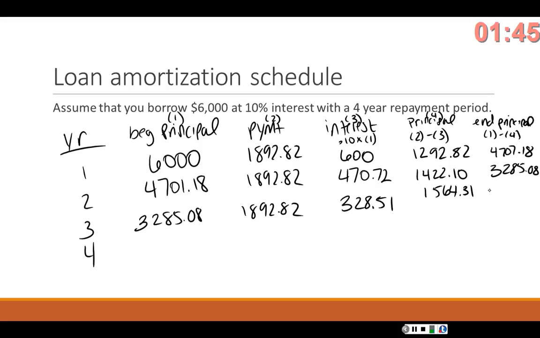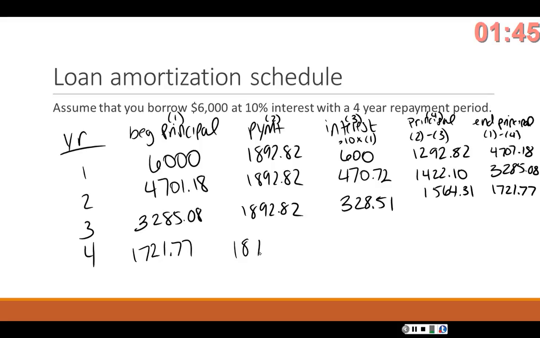To get your ending principal balance, it's your beginning minus your amount towards principal for that period. So $3,285 minus $1,564. That gives you $1,721.77. And that becomes your beginning principal.